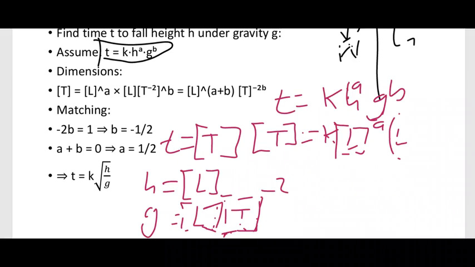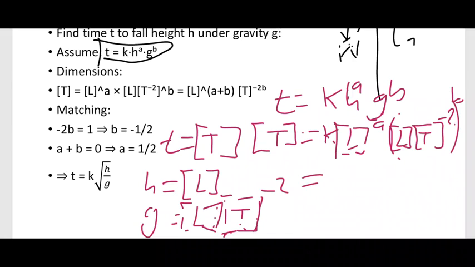Then we put these in brackets: L T^-2 all to the power b.